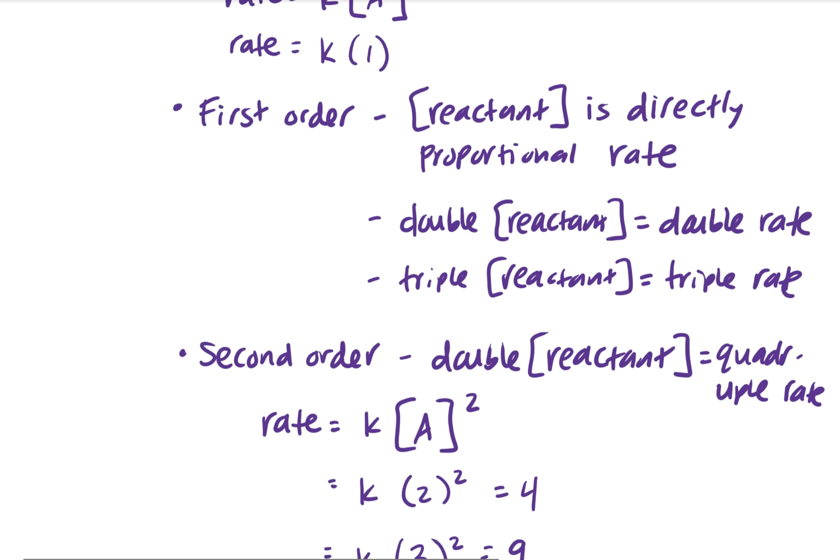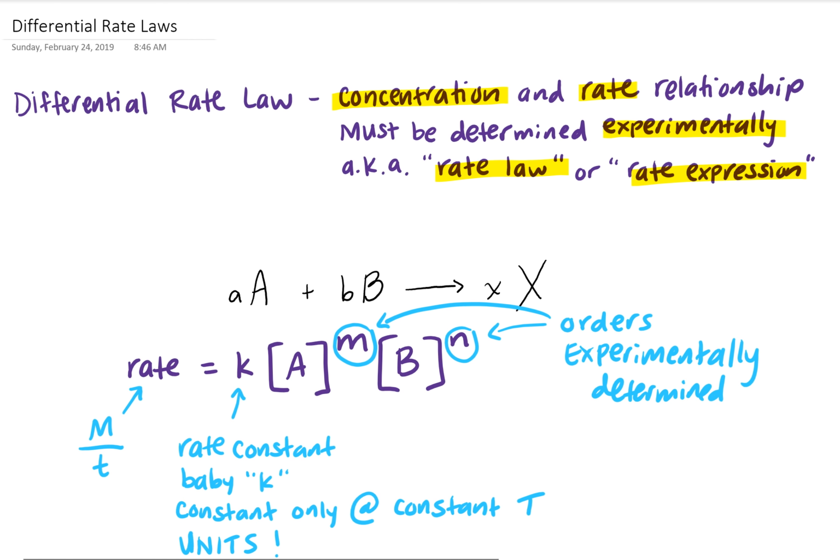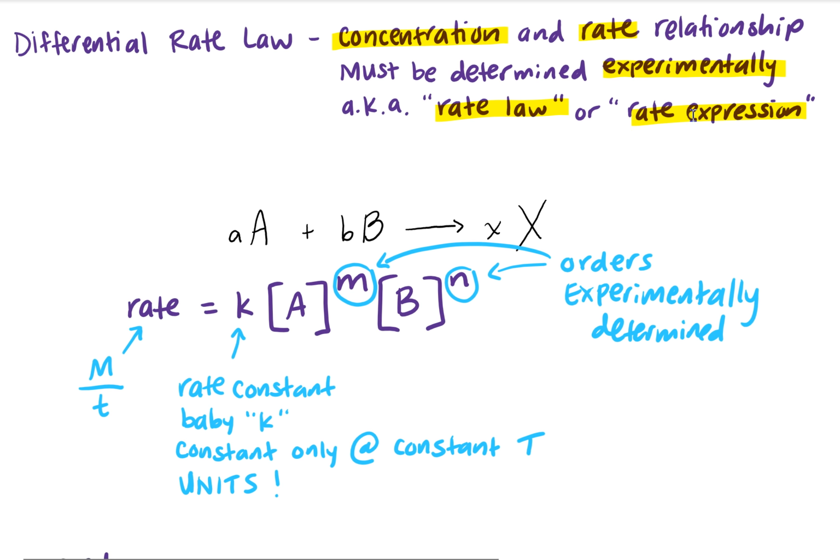So to recap, differential rate laws are also known as just rate laws or rate expressions. They involve concentration data and they involve rate data. Our generic equation for rate laws is rate is equal to a lowercase k called your rate constant times the concentration of each reactant raised to some exponent, and those exponents are called orders.